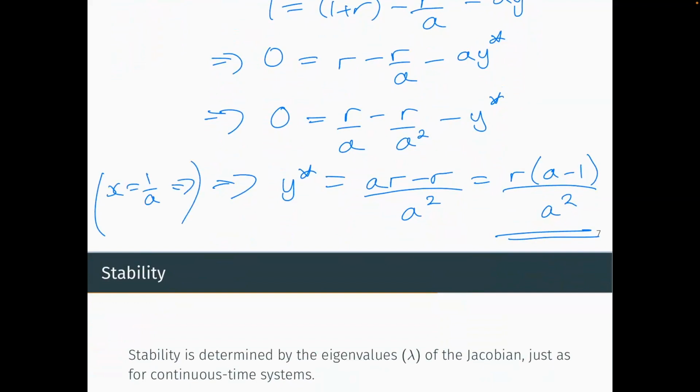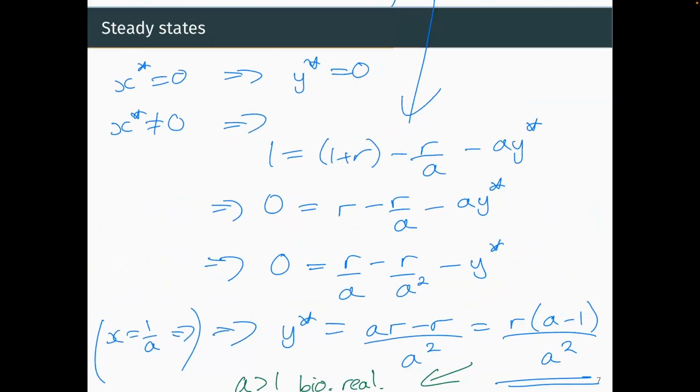And when is this biologically realistic? Yeah, so a must be greater than 1 for it to be biologically realistic. I will go back over those.